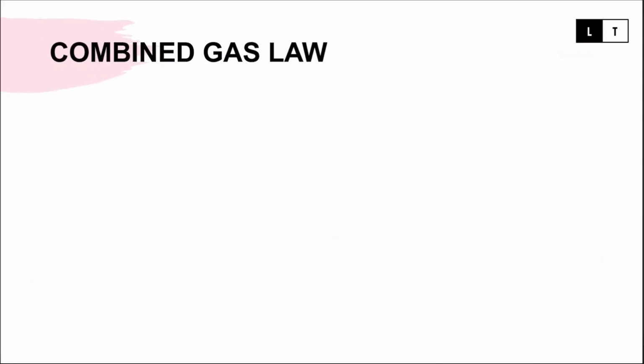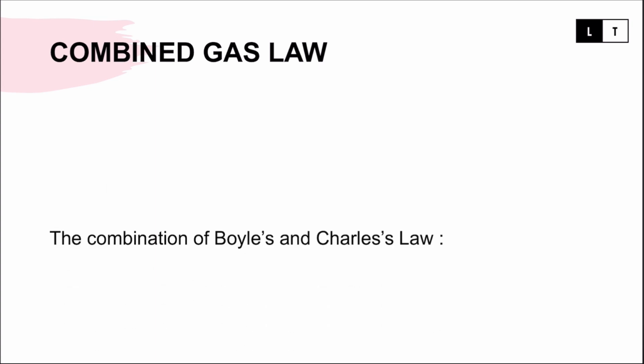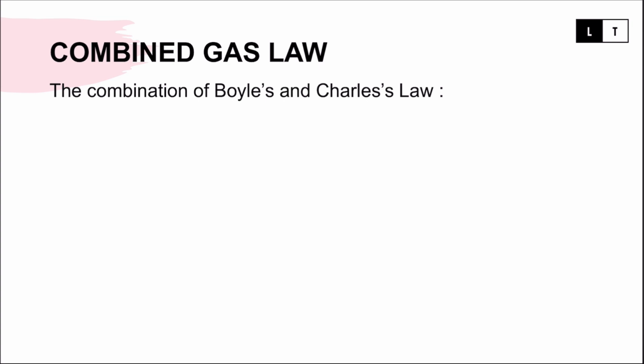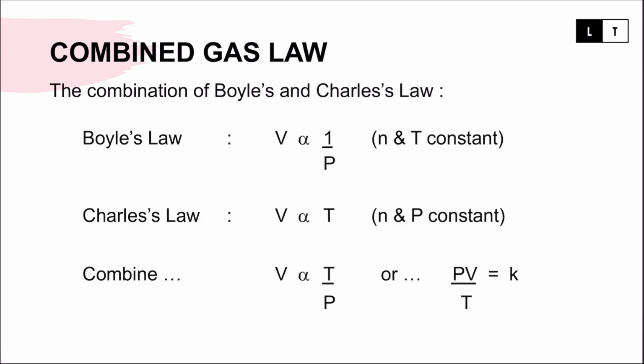Next one, we are going to learn about combined gas law. So combined gas law only for combination of Boyle's law and Charles' law. So for Boyle's law, we know that we have temperature is constant. And for Charles' law, we have pressure is constant. Tetapi, bila kita combine, subjek dia masih lagi volume.